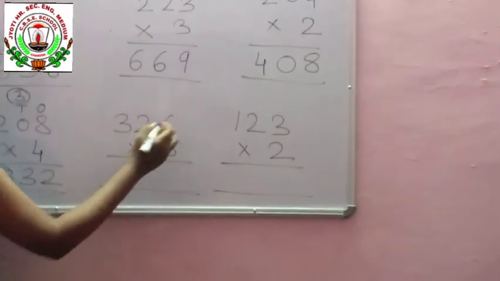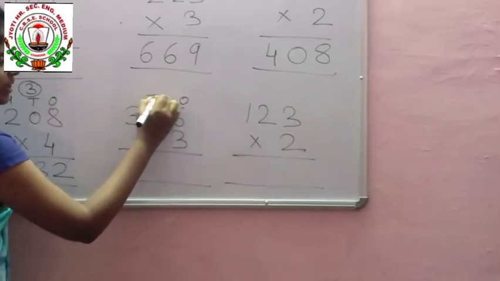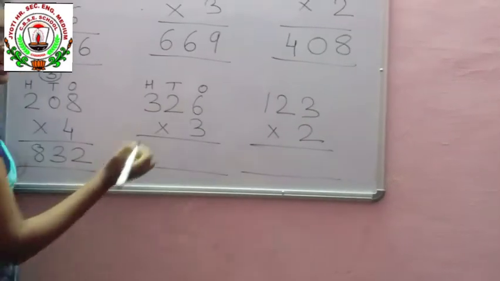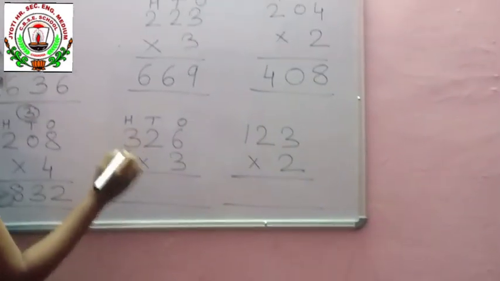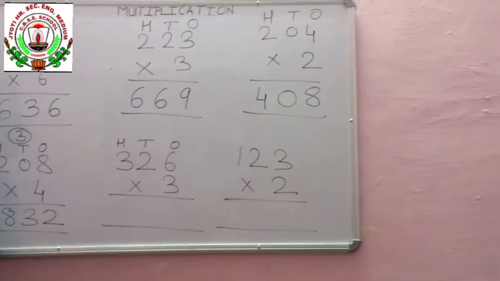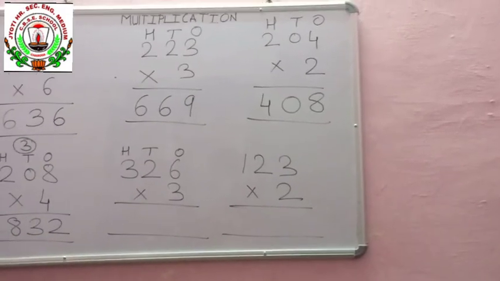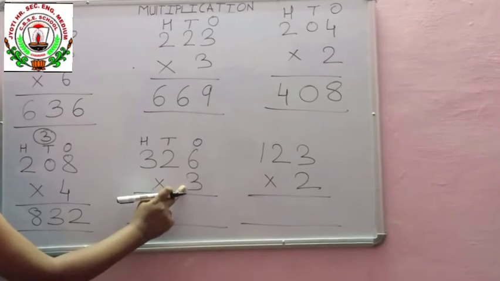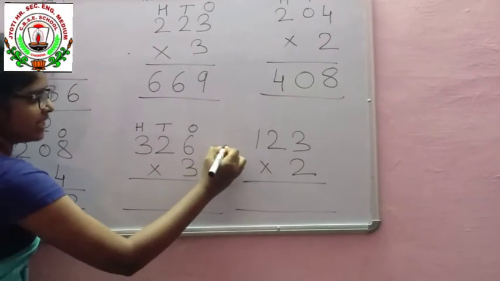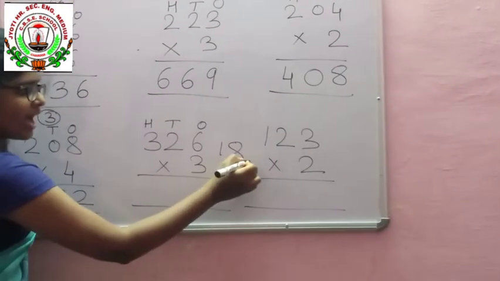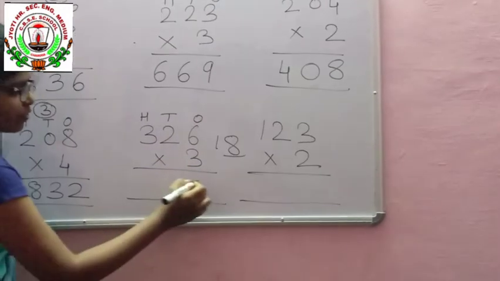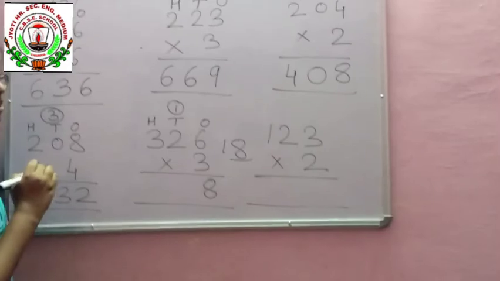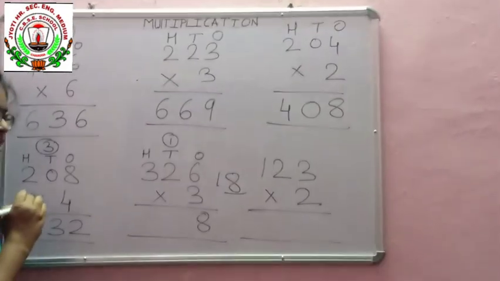326 into 3. This is at ones place, tens place, hundreds place. So 3 sixes are 18. 18 is a 2-digit number, and this 8 is at ones place, so we write 8 here, and 1 will go to the tens place.